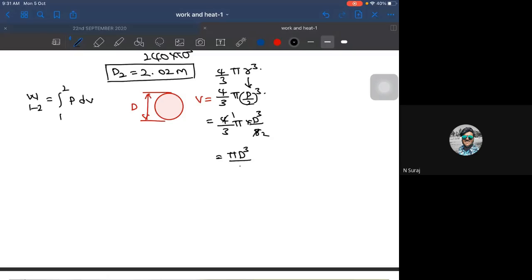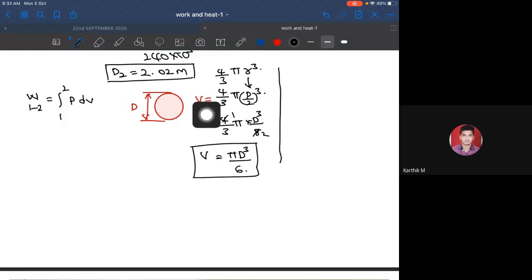So in terms of diameter, can I take the volume to be pi d cube by 6? Yes. Okay, now, so this is the volume. So volume is equal to pi by 6 d cube.